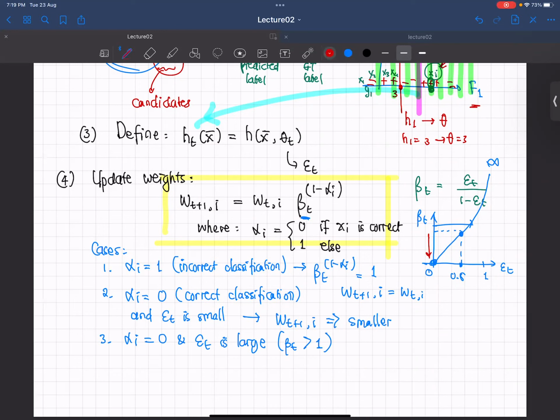So beta t greater than 1 means that epsilon t is greater than 0.5, and that's the definition of a bad classifier. Okay. So in this case, what is the implication on Wt plus 1 on that sample? It becomes larger.